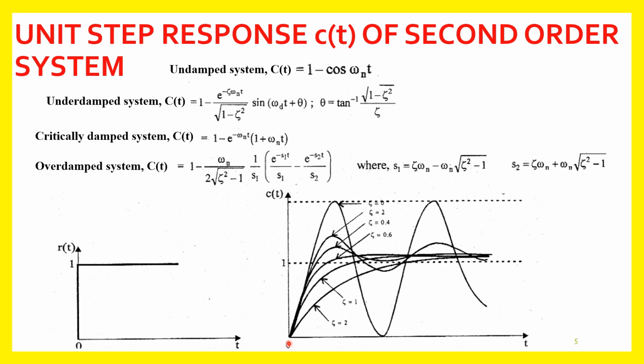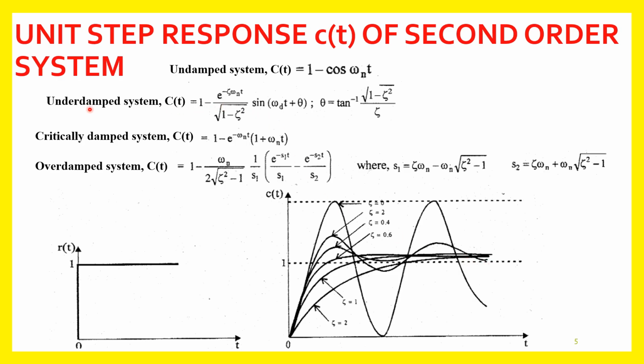It means when zeta is less than 1, the system will have initial oscillations, but it will settle to 1 at the final value. The shape before reaching the final value is exponential into sinusoidal. It will decrease exponentially, but the oscillations take the form of a sinusoid. That is the meaning behind it.